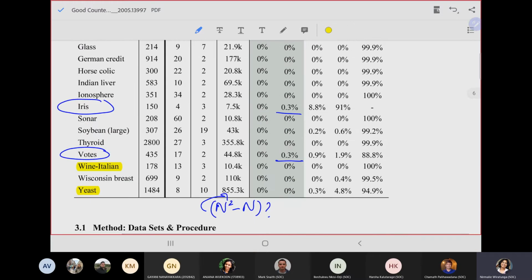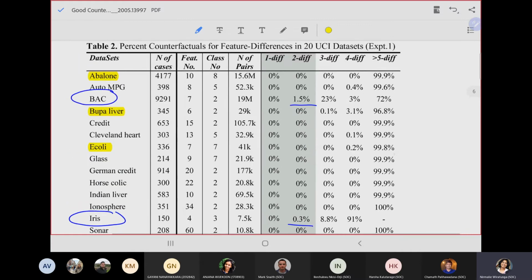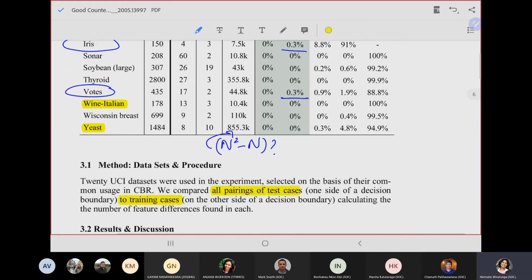So it'll be interesting to know how a model learned on these data sets, what sort of accuracy they achieved based on the percentage of counterfactuals that exist in the database.